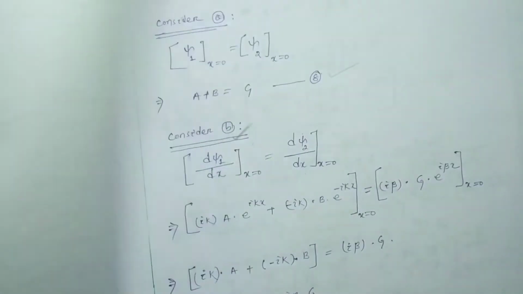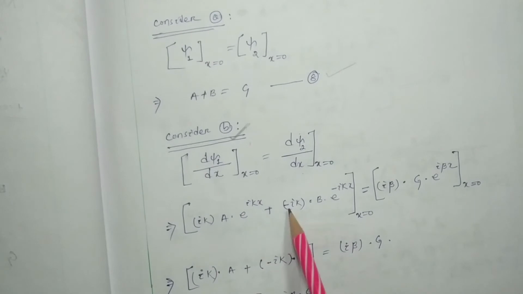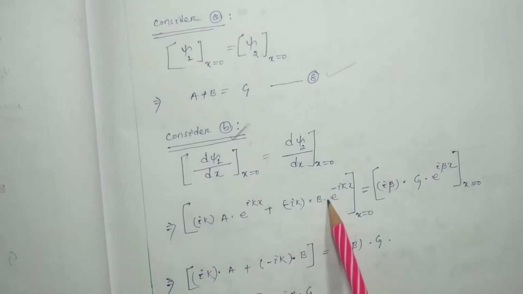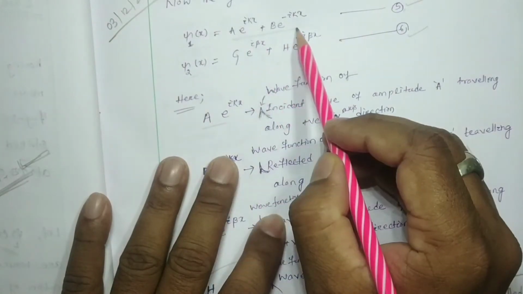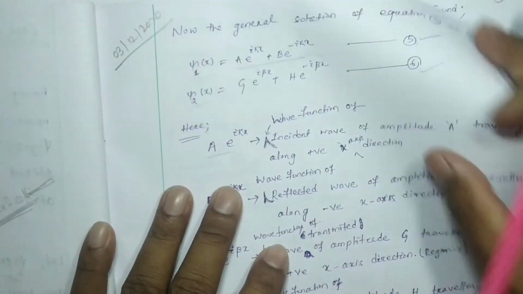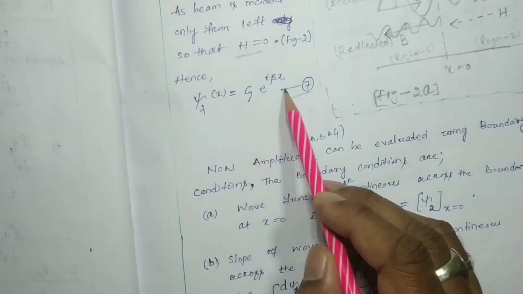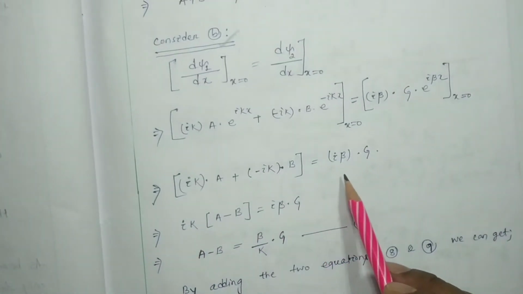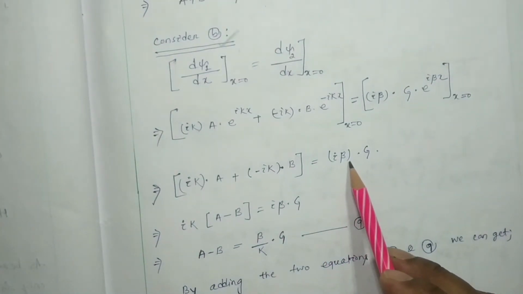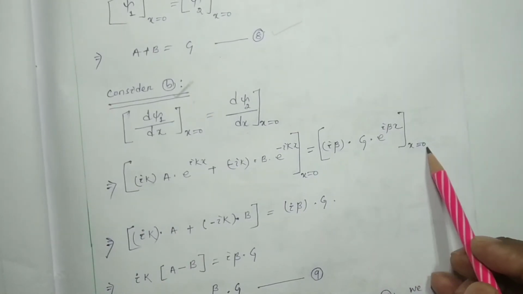So the first derivative will be i k a e to the i k x minus i k b e to the i k x, with respect to x, equal to the first derivative of psi 2, which will be i beta g e to the i beta x, at x equal to 0.